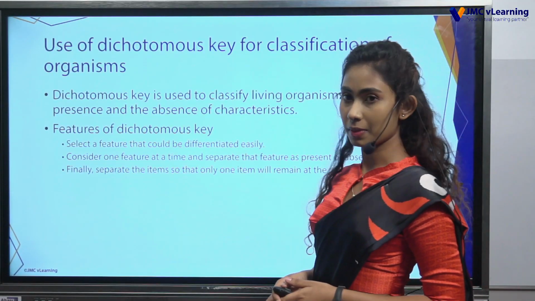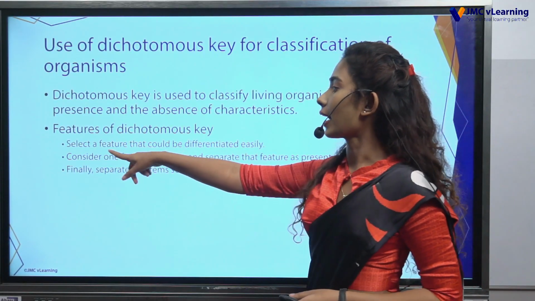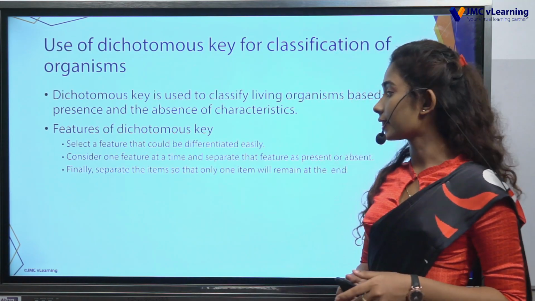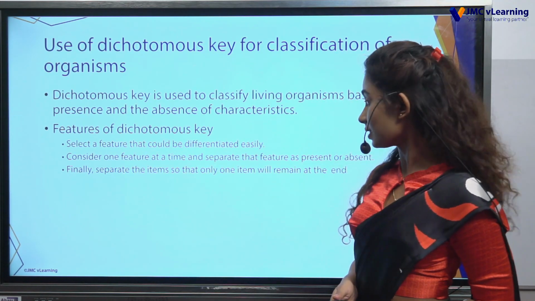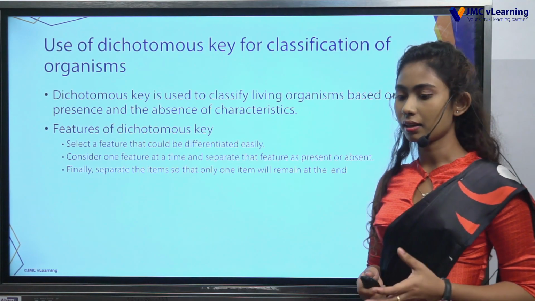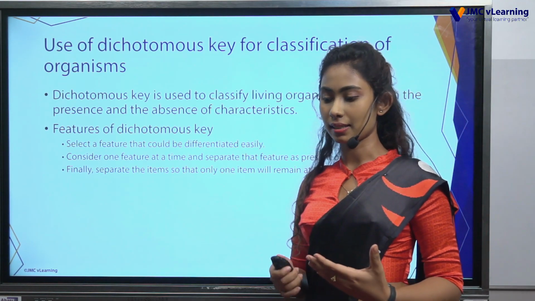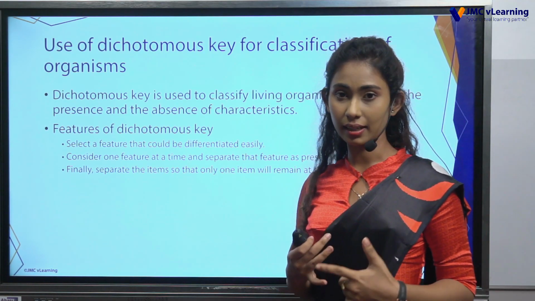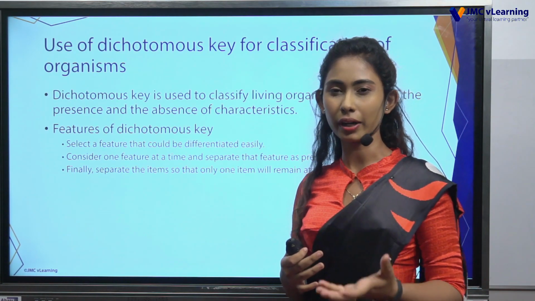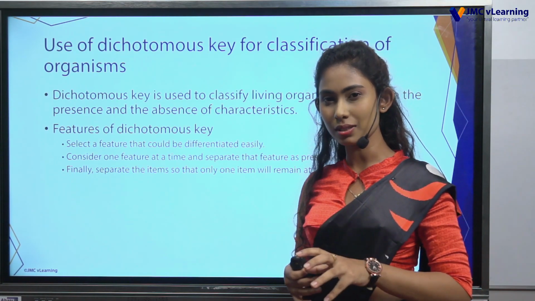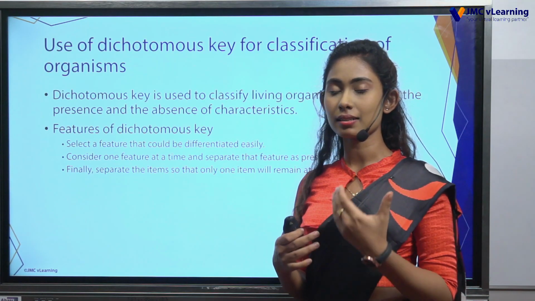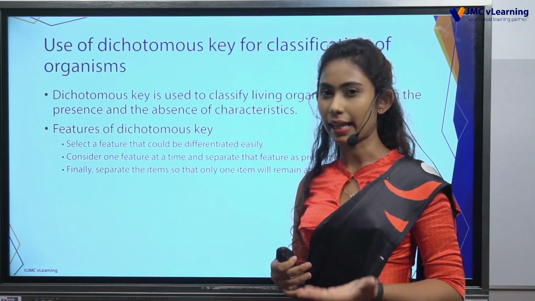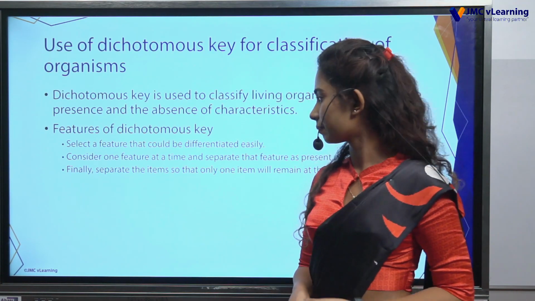Features of a dichotomous key. The first thing, we have to select a feature that can be differentiated easily. For example, we can take a leg, hand, body type, or body color. Likewise, we can use simple things that we can easily see.